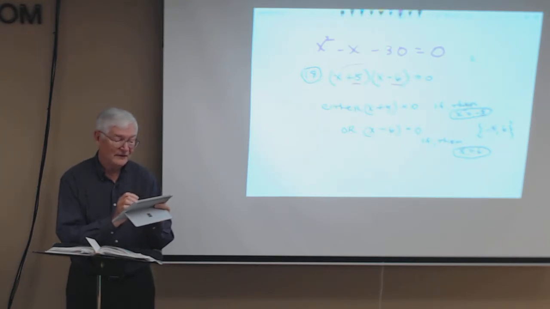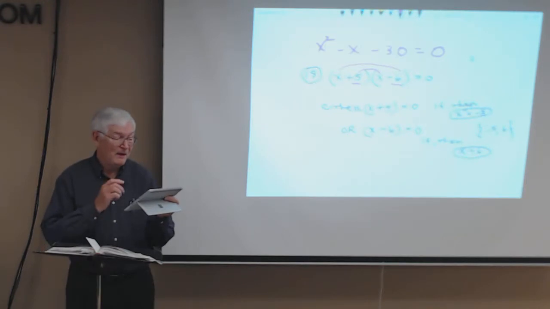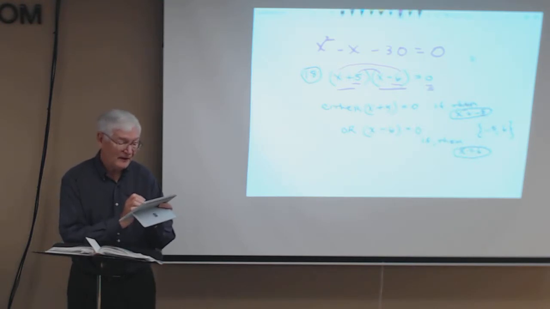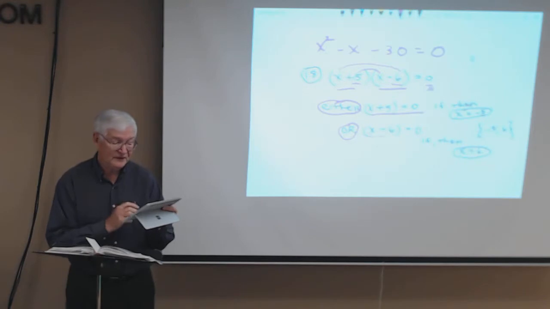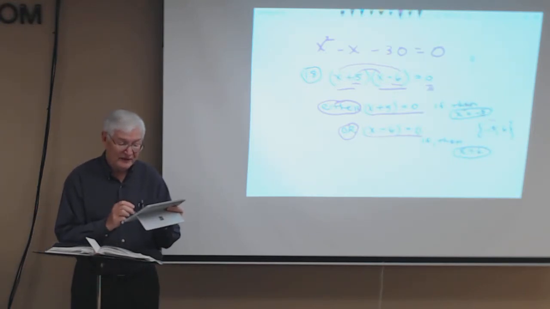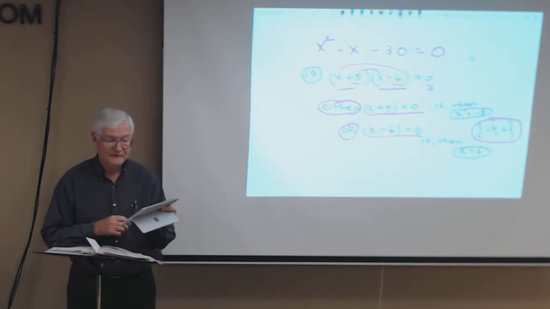Well, then just go outside. Negative 6x and positive 5x would be negative 1x. See what's going on? So, if this times this equals 0, then either what? Either this is 0 or this is 0. And if that's the case, then the solution set is negative 5 and 6. You follow what's going on?